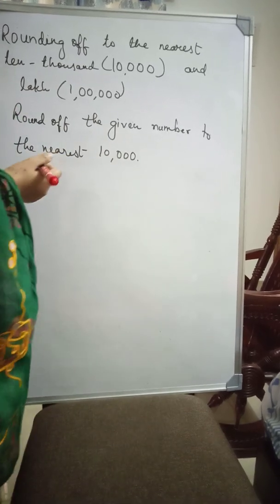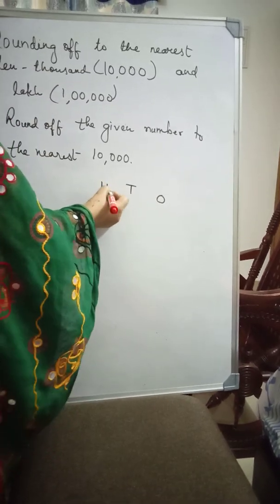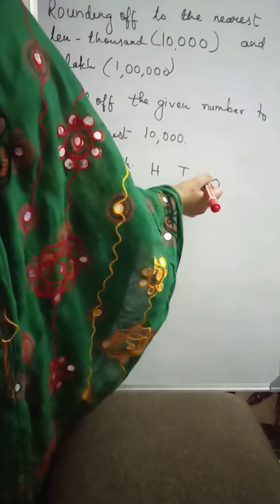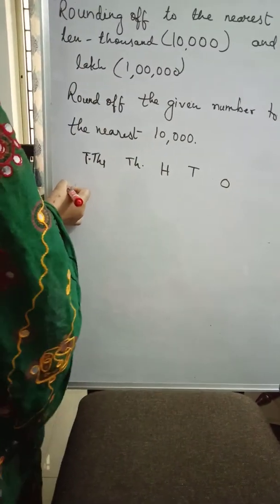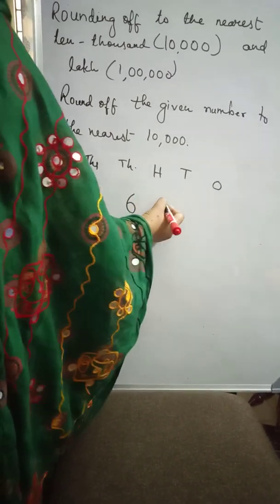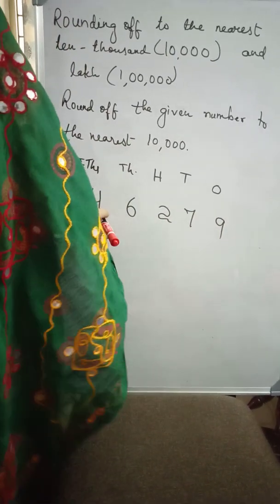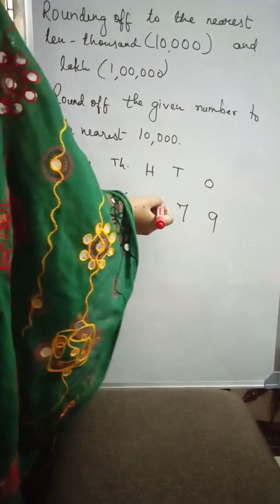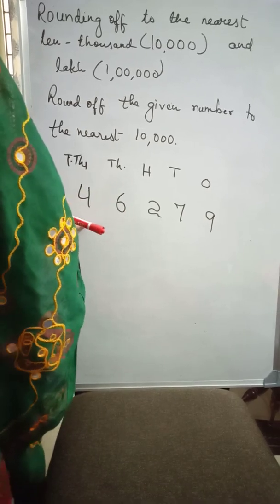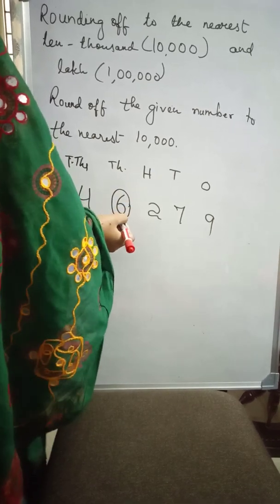Correct? Now, let us make the place value chart: ones, tens, hundreds, thousands, ten thousands. Right? So now let us start the first example. 46,279. In order to round off 46,279 to the nearest 10,000, we always have to look at the digit at the thousand place.